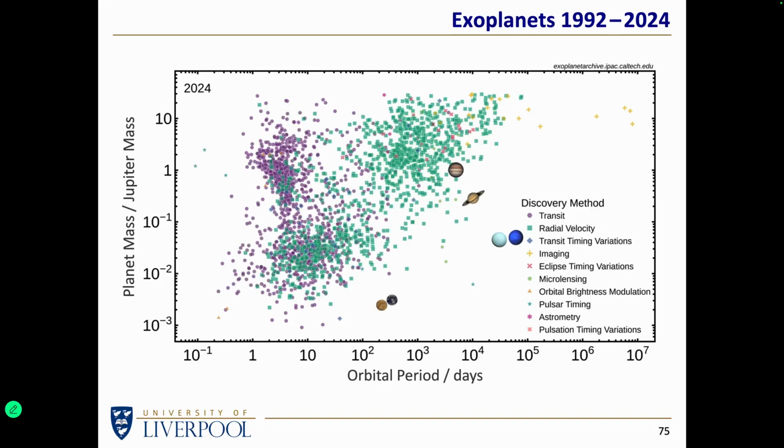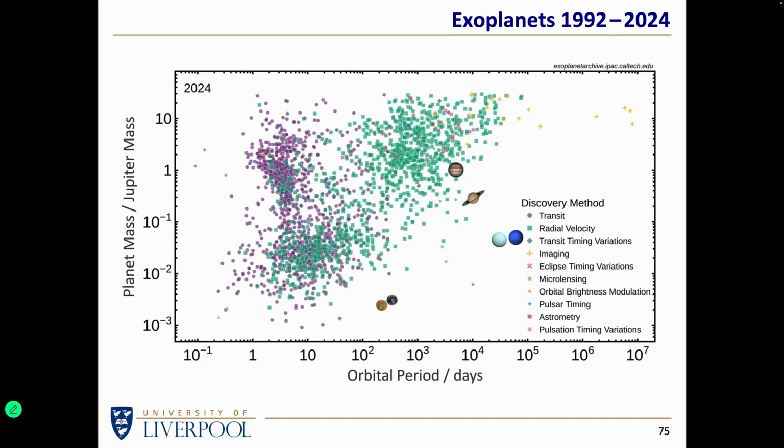Well, one thing you have to bear in mind when you're making these observations is there is bias in the observations. We're looking for planets of different mass and different size. It's a lot easier to find a big planet because it produces a bigger wobble of the star if it's more massive.